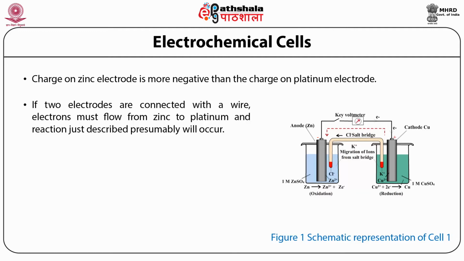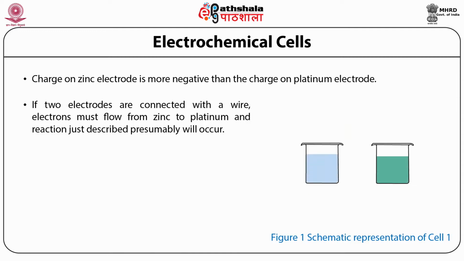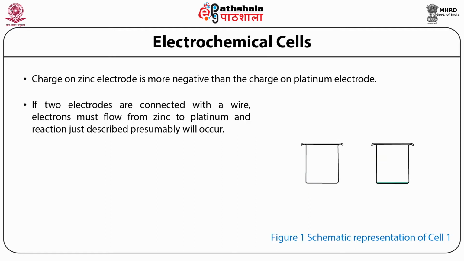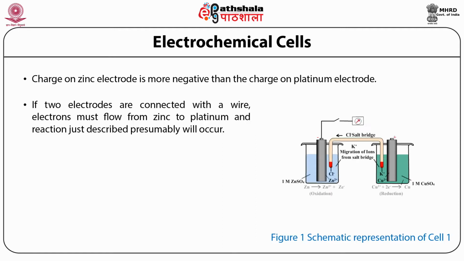However, we cannot increase the concentration of zinc or change the initial ratio of ferrous to ferric ion without disturbing the electroneutrality of the solutions. Since we cannot accumulate electric charge in either solution, the reaction cannot continue unless we provide a mechanism for transferring ions from one half cell to the other.